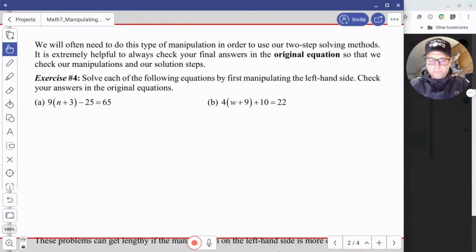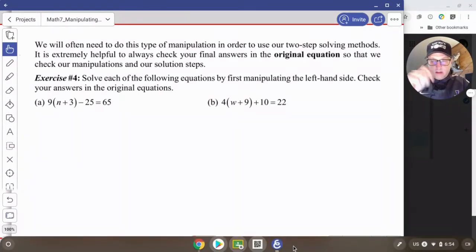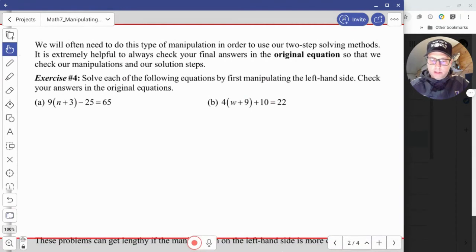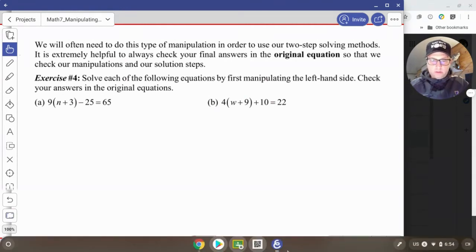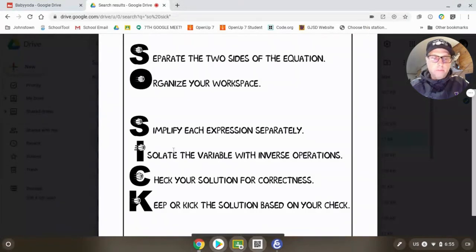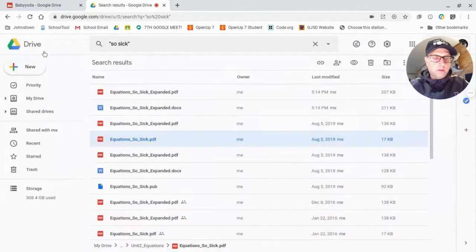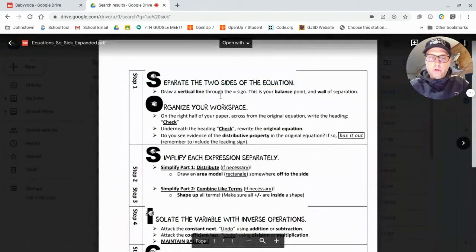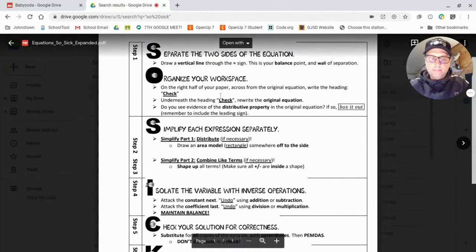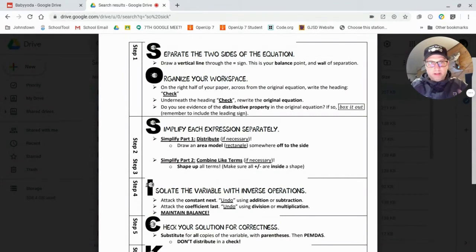So here's what I'm going to do. And these you will find in the notes. They'll be part of a Google slide, and they will be accessible to you at the time that you see this video. Over here, I've got another document that shows my SOSICK strategy, except it's broken down into all the details.